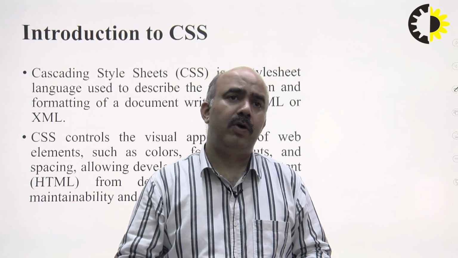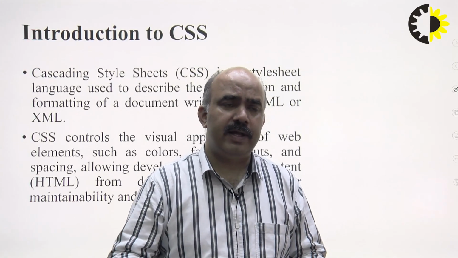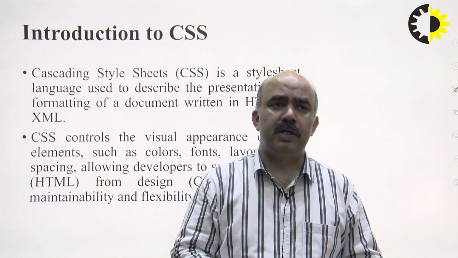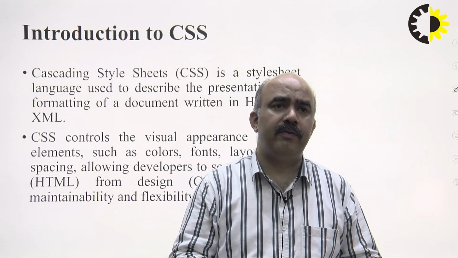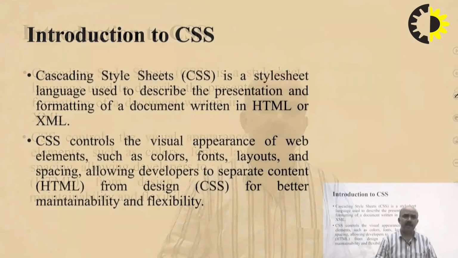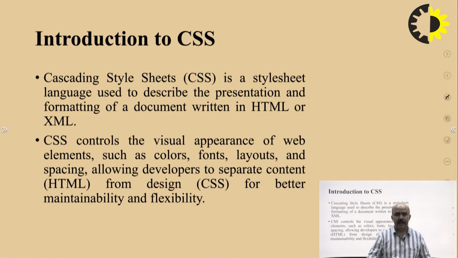So in 1997 or after, CSS was introduced, so that our websites could have more colors, fonts, layers, spacing, etc. CSS basically controls the visual appearance of web page elements, like colors, fonts, layouts, and spacing, which allows developers to separate HTML from the design in CSS, in order to maintain and provide flexibility to the developers.